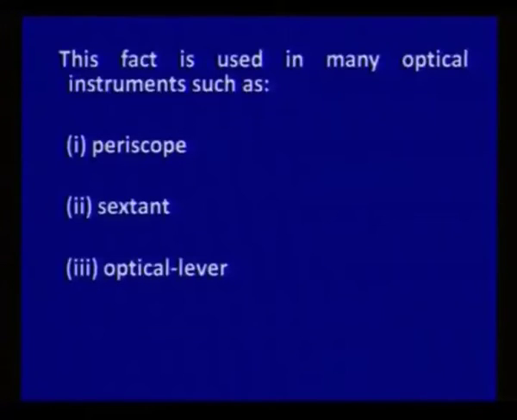And let us go about the fact which is used in many optical devices, many optical instruments such as periscope, sextant and optical levers. So, this is a very important phenomenon related to the reflection of light.